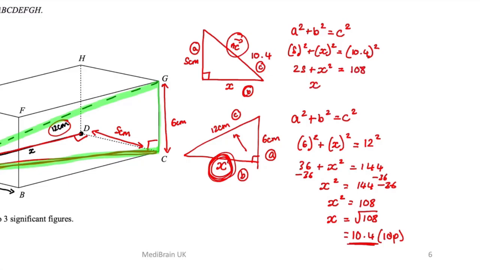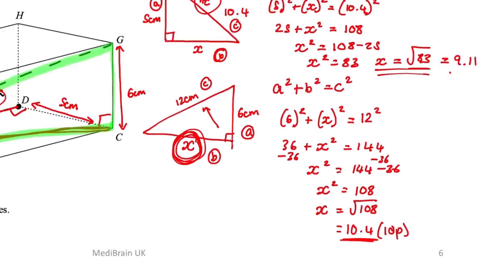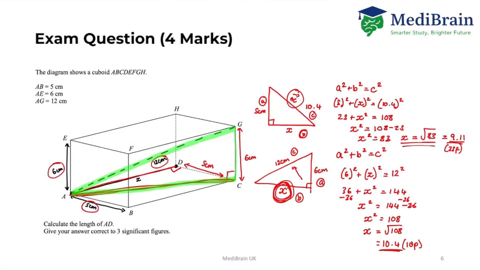Then x squared is 108 subtract 25, which gives you 83. Therefore, x is equal to the square root of 83, which gives you 9.11 to 3 significant figures. So we got 9.11 there.